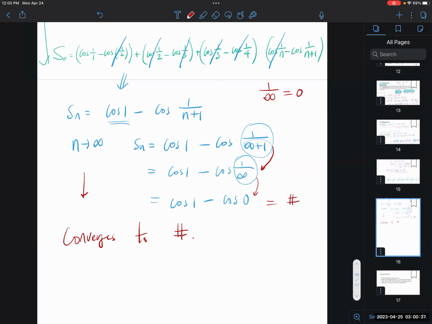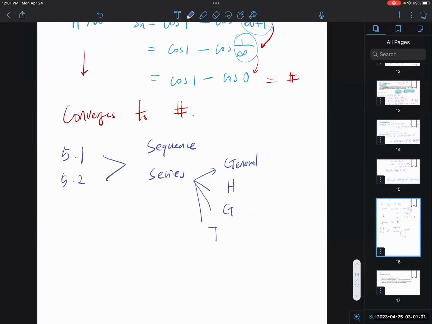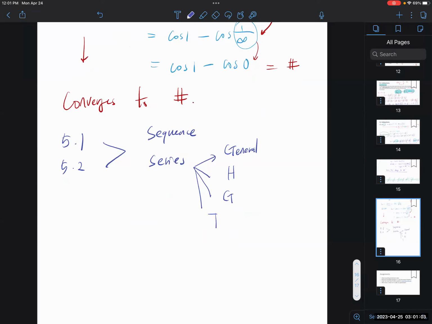Okay. So we finished 1.1, 1.2. We talked about sequences and series, especially for series, we talked about the general series, harmonic series, geometric, and telescoping. You are checking whether they converge or diverge.